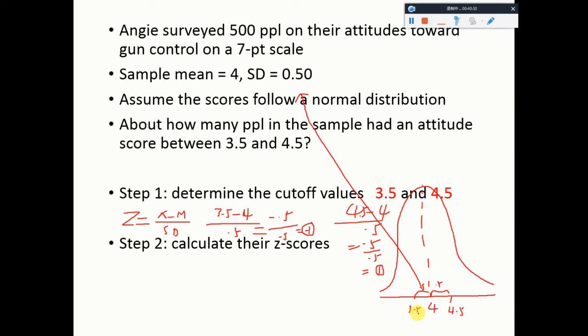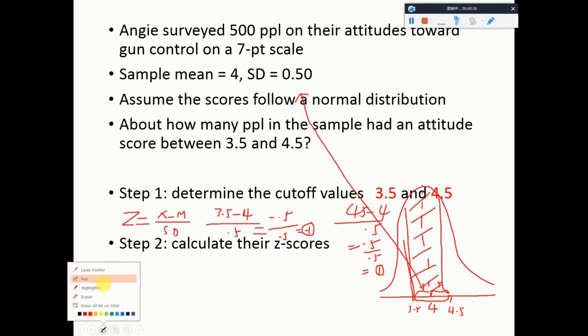So this will be the part whose area we're going to find out. By finding the area of this shaded part, we should know the probability of observing any value within this interval.